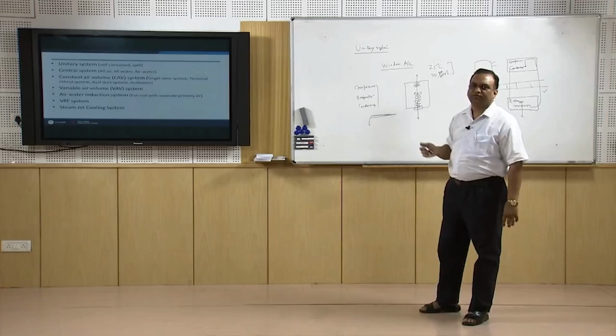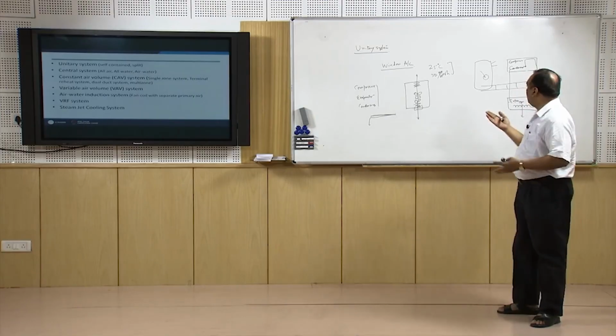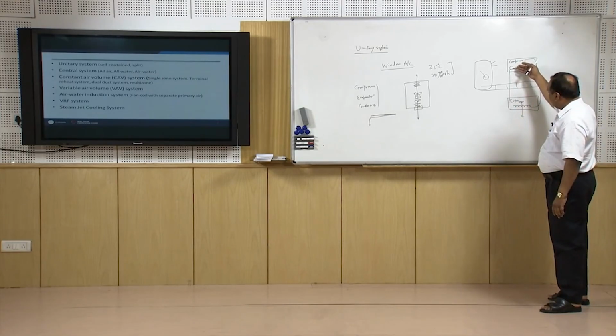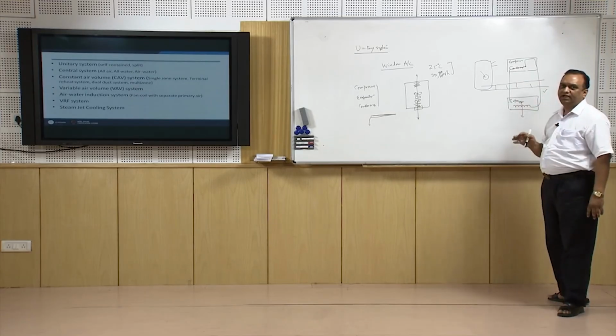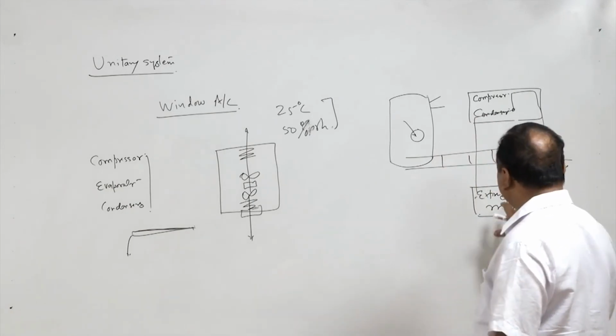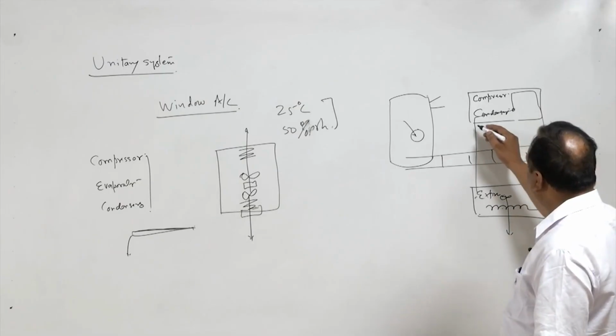The major source of noise in any air conditioning system is the compressor. So the compressor is housed outside the building, and inside the building there is only the evaporator and a fan. So the noise level is low in this type of system. Second thing is, a precaution has to be taken.